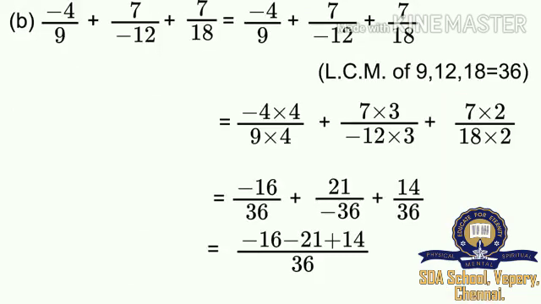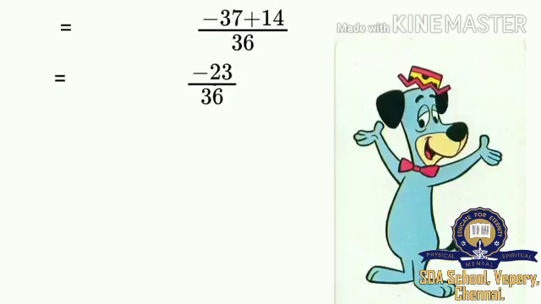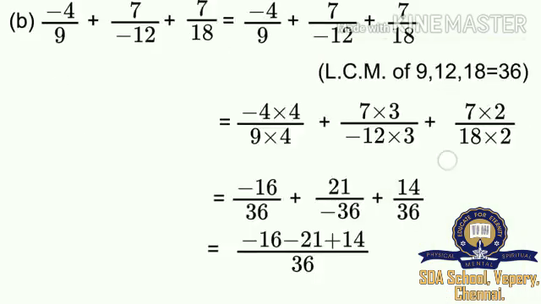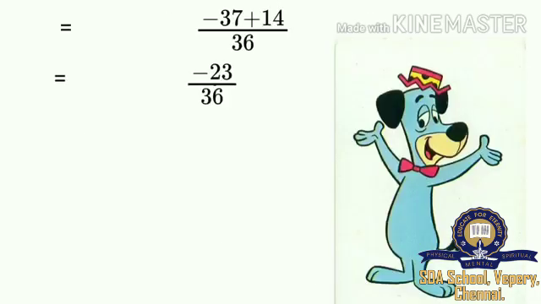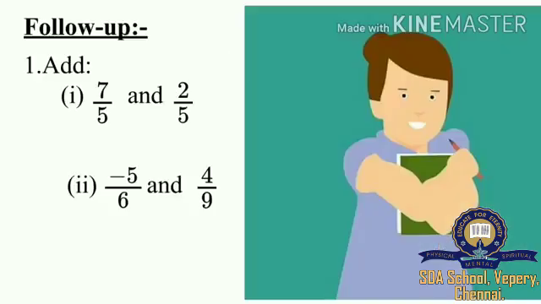Minus 16 minus 21 plus 14 divided by 36. Minus 16 minus 21 is minus 37, plus 14, the answer will be minus 23 divided by 36.